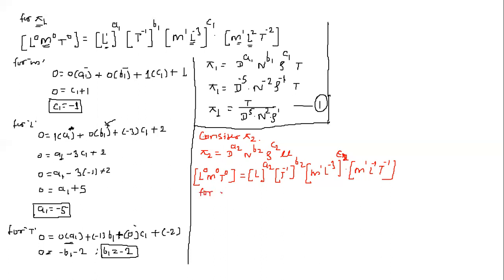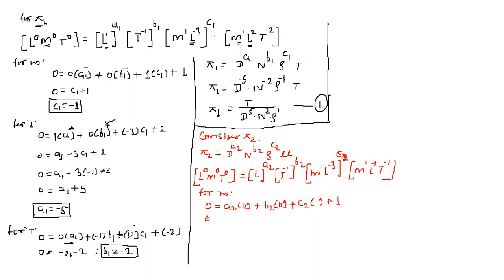C2 is equal to -1, exactly, that's correct. So the power for the M I'm equating now. Left hand side is 0, equal to the first term a2 into 0, plus in b2 there is no M, so that will be 0, plus in this we have c2 into 1, plus 1.